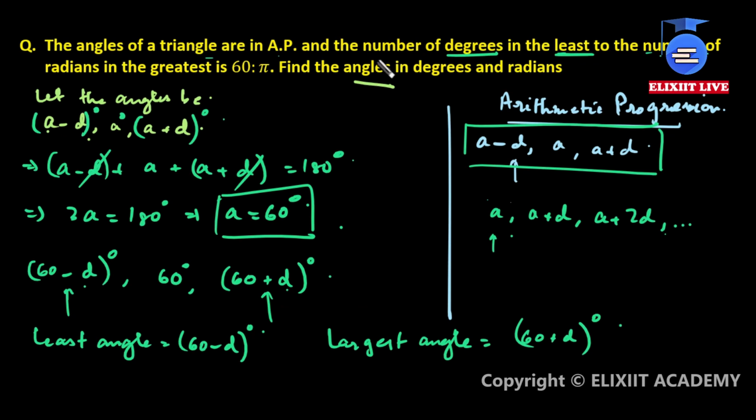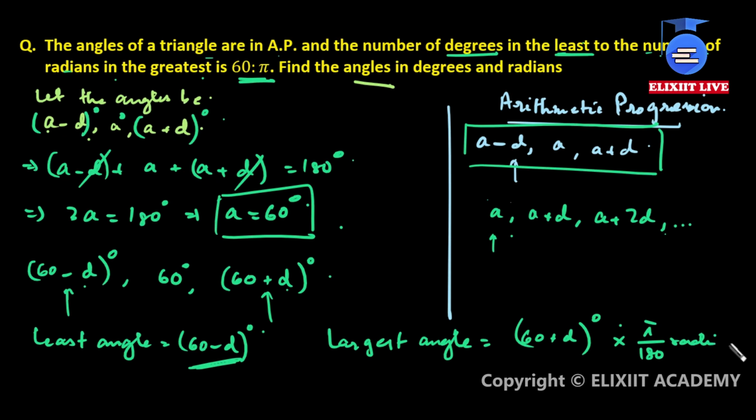Now what they have asked? The ratio is given. The number of degrees in the least to the number of radians in the greatest. So this is the greatest, convert this into radians. That particular ratio they are asking for. How will I convert this? 60 plus d times pi by 180 radians.